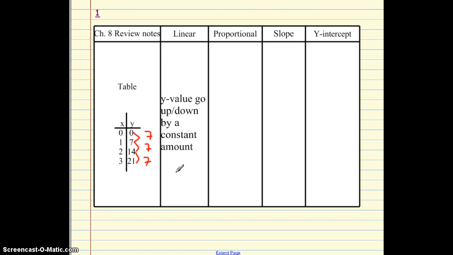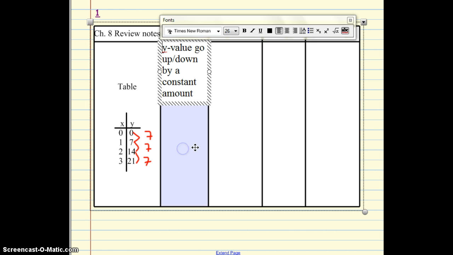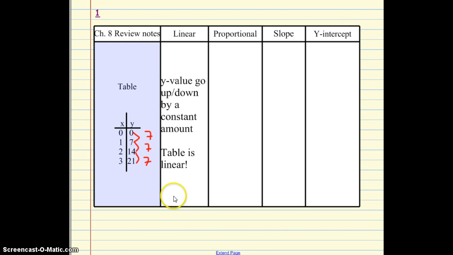So as we are going along, this table is going up by 7, so this table is linear. So let's add that in here. This table is linear. Alright, an example of something that would not be linear is if we went 7, and then 6, and then 10, and the numbers just were not going up by that constant amount.